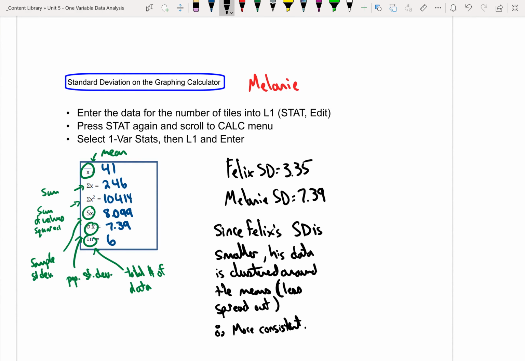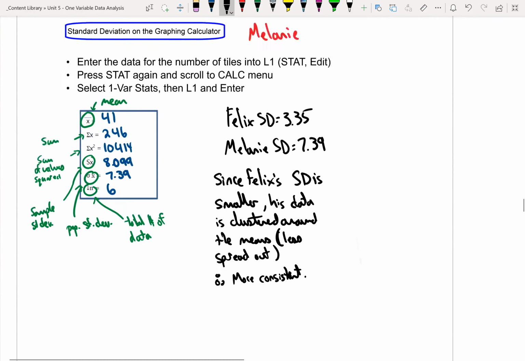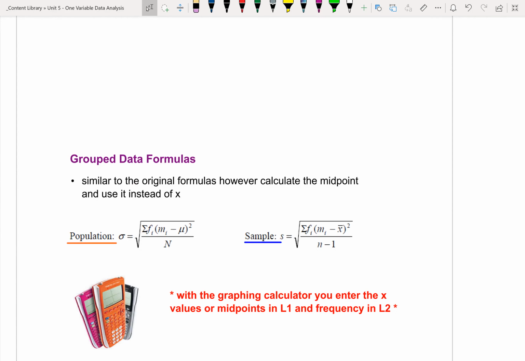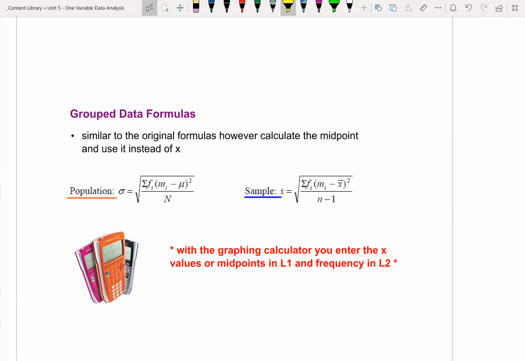So that's how you would use standard deviation to compare two individuals. Again, if we have group data formulas, so this is where if you had a frequency table, you can do the exact same thing. However, you have to make the same change that we've done in the past. You have to use the midpoint, and when you take the midpoint and subtract the mean from it, you have to multiply by the frequency.